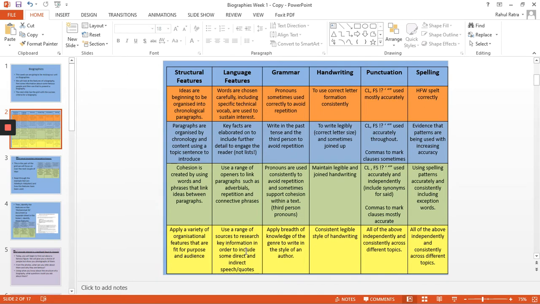It would be good if you can use some direct and indirect quotes from the famous person. Oh, I did miss the first, which is specific technical vocab. This is important as you will be writing about their achievements, so you should have that vocab to write about it.